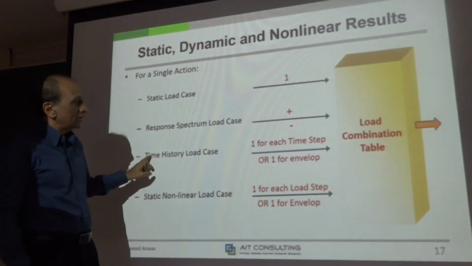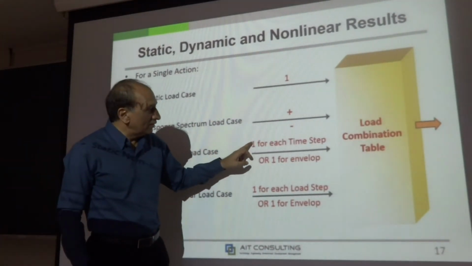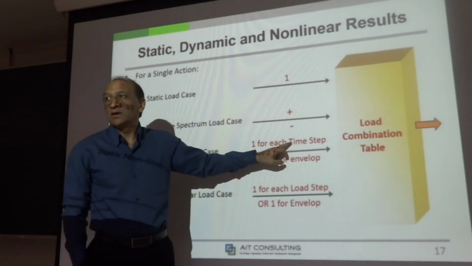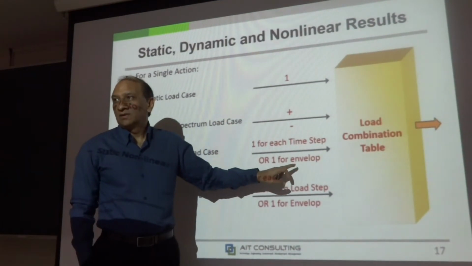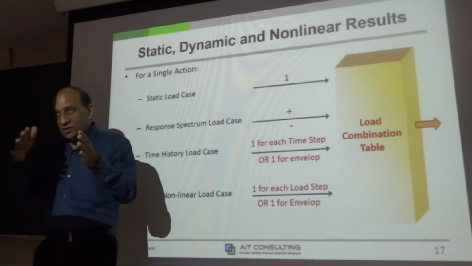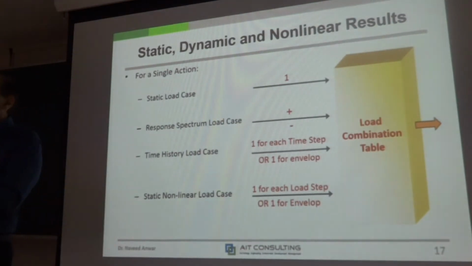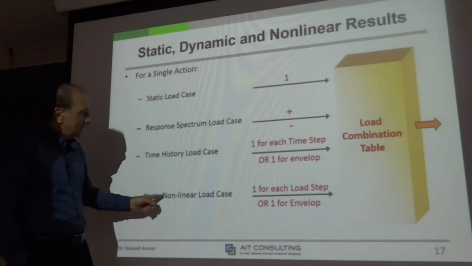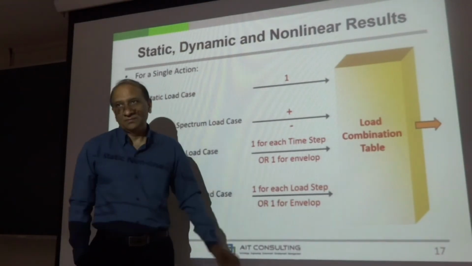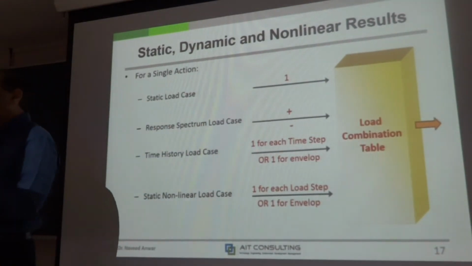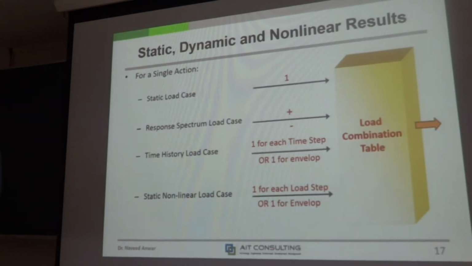For a time history load case, the option is 1 for each time step, which is 3000, let's say, or 1 for the envelope. If we don't care about what happened in between, we just take the maximum whenever it happened and add that to the combination. That is a shortcut. For a static nonlinear load case, 1 for each load step or 1 for the envelope. Again, we can decide whether we want the whole history or only the maximum value that occurred.